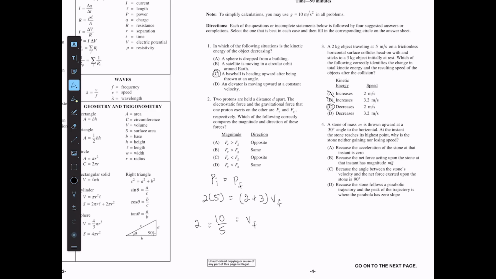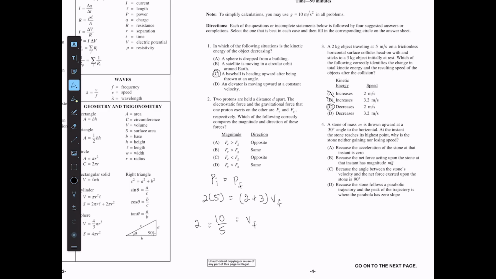Since the net force is perpendicular to the velocity vector, the acceleration is perpendicular, so only the direction of velocity is changing at that instant and not the magnitude.